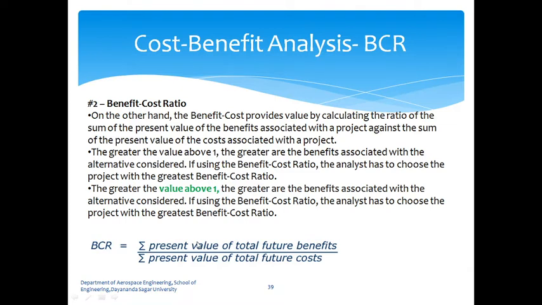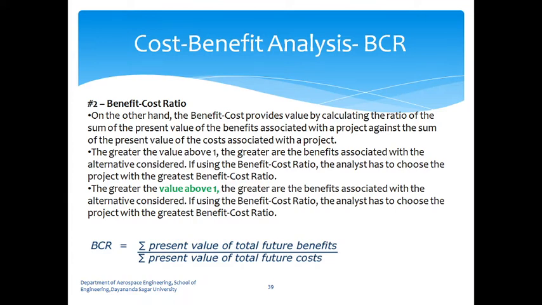value. Maybe in one year this is a benefit, next year I'm going to get this benefit, third year you may get different benefits. Like that you could do it for 10 years. But you need to bring all that to the present value. Suppose you are saying that you are going to sell 100 units of your product in 1 year.